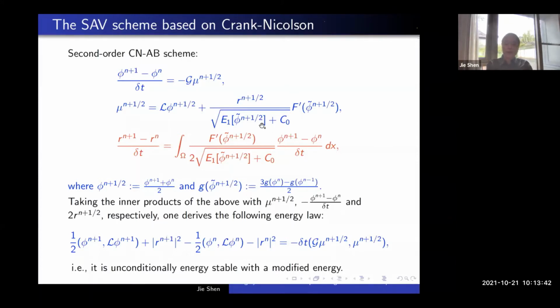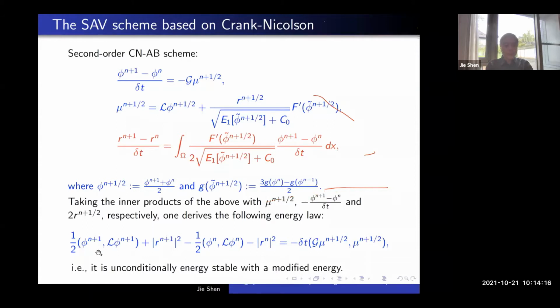Whatever the nonlinear term, the contribution from the nonlinear term here will cancel with the nonlinear term here. So you end up immediately with this energy conservation, which is the same energy identity as the continuous system.